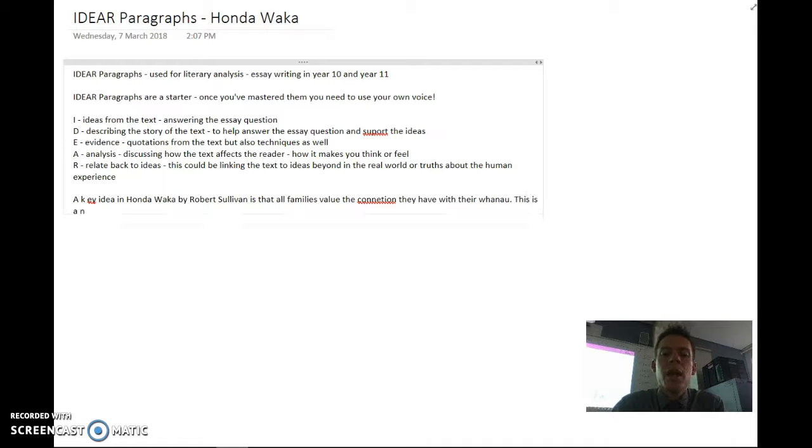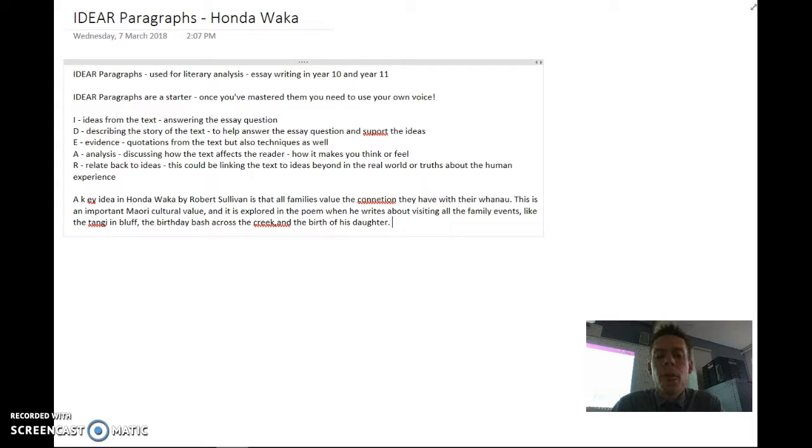This is an important Māori cultural value, and it is explored in the poem when he writes about visiting all the family events, like the tangi in Bluff, the birthday bash across the creek, and the birth of his daughter.